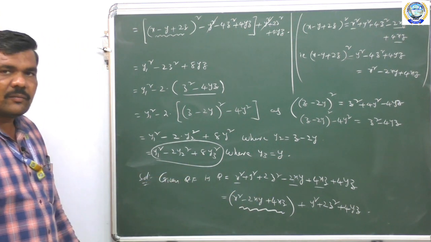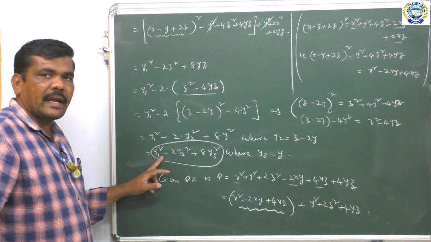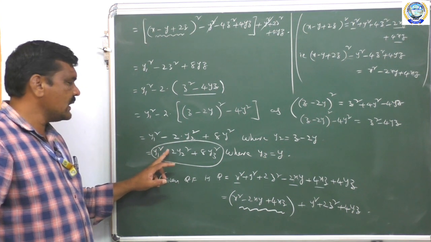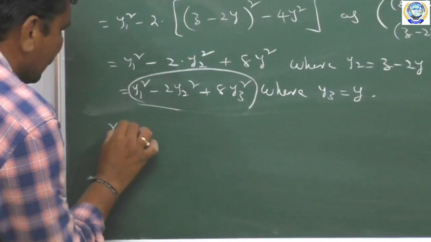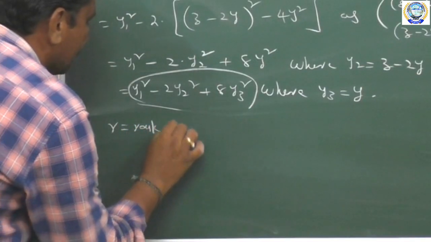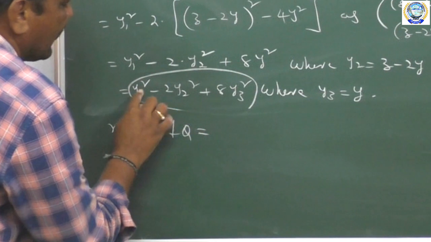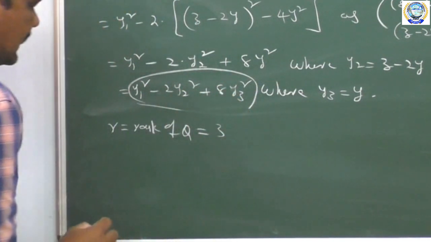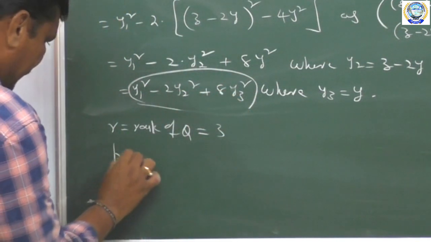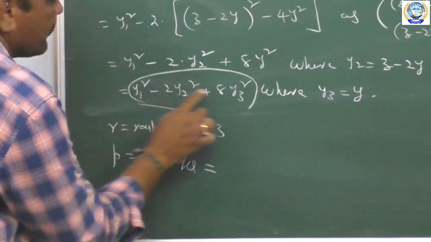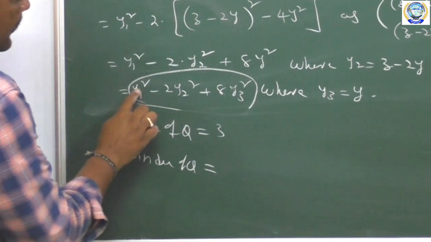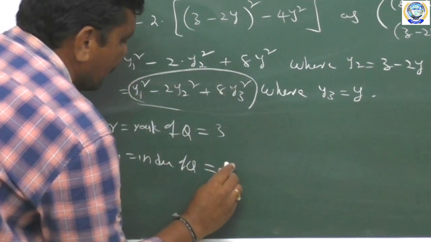From this canonical form, we get the rank, index, signature and nature of the quadratic form also. Small r is equal to rank of Q, that is the number of non-zero terms. Here there are 3 non-zero terms, so r is 3. P is the index of Q, the number of positive terms. In this canonical form, there are 2 positive terms and 1 negative term.